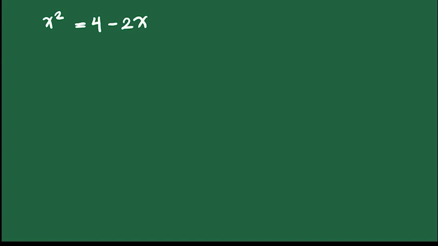Let's just rewrite this into its standard form. We will add negative 4 plus 2x on both sides of the equation. That is the same as having x squared minus 4 plus 2x equals, just copy this, and what you did on the left side should also be done on the other side of the equation.